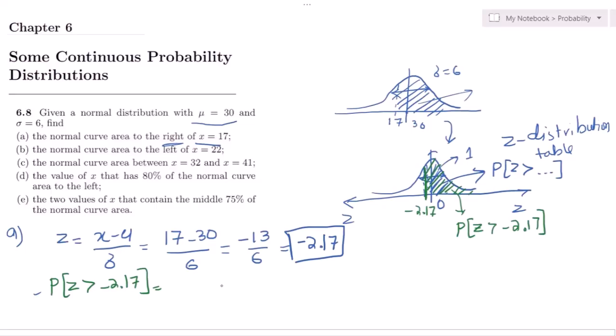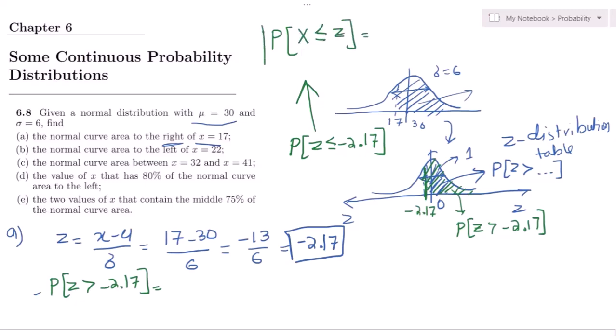In order to find this area we have the z distribution table, and all the values there are written in the form of z less than or equal to minus 2.17, because all of those values are the probability that z is less than or equal to a given value. If we have a formula in this form, we can use the z distribution table.